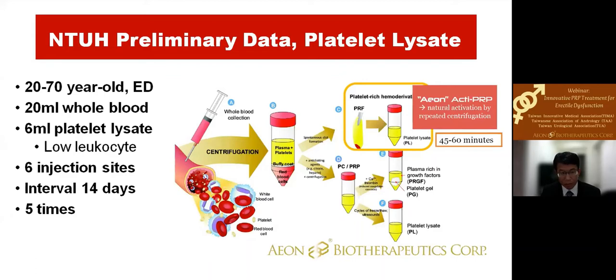And after two-stage centrifugation to separate the PRP from the erythrocytes and to decrease the leukocytes, because leukocytes might cause inflammation in the penis, we use the low-leukocyte PRP for injection. We injected PRP into 6 sites at 14-day intervals, and we injected 5 times.